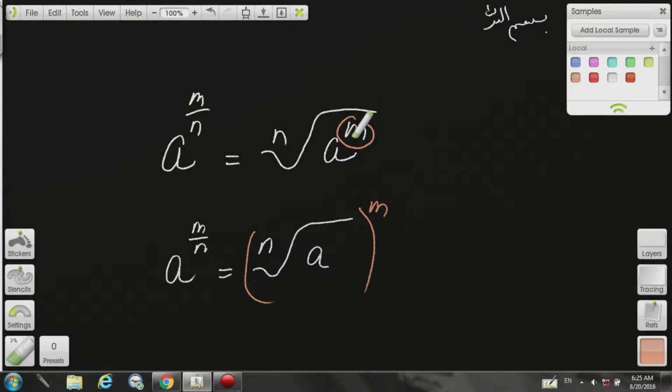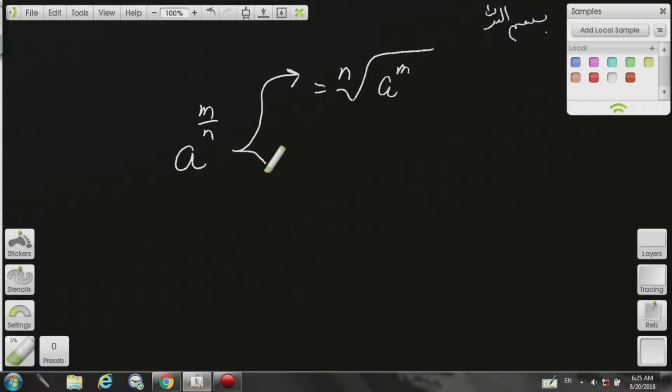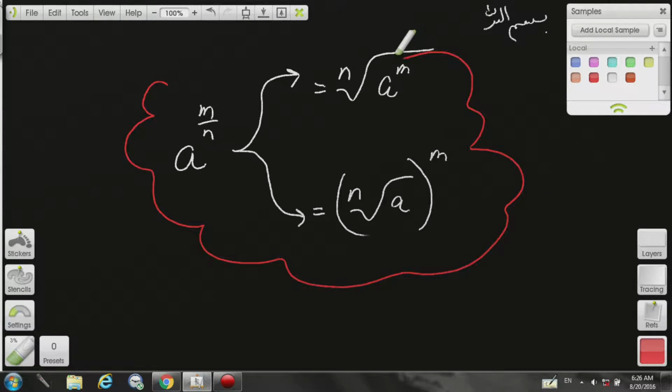In other words, this m can stay with the a, or it can go outside of the root. Those are two different ways of writing the same expression. Let me rewrite this as 1. So a to the m over n can be rewritten as the nth root of a to the m, or it can be rewritten as the nth root of a to the power m. Okay, and this you have to memorize. I would recommend that you write this like 5 times until you feel comfortable just writing this expression.